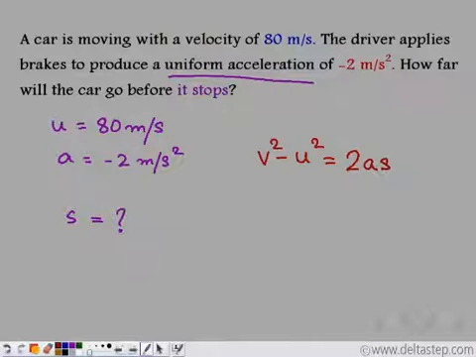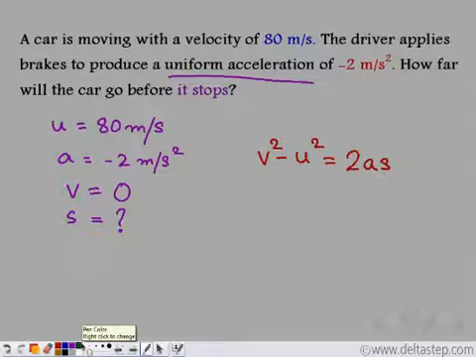How far will the car go before it stops? It stops means that the final velocity of the car is 0 because the car has stopped. So the final velocity is 0. So now we have V, U, A and we want to find S. We can simply substitute the values in the equation and calculate.